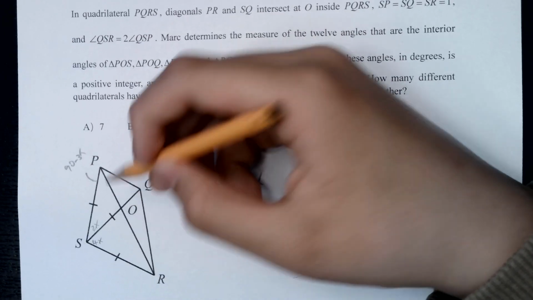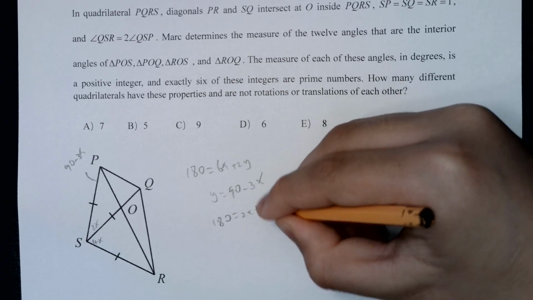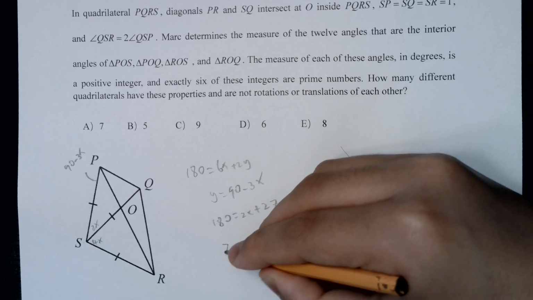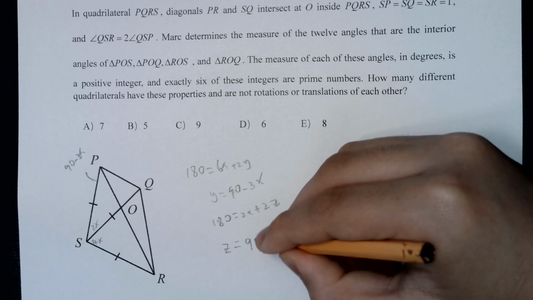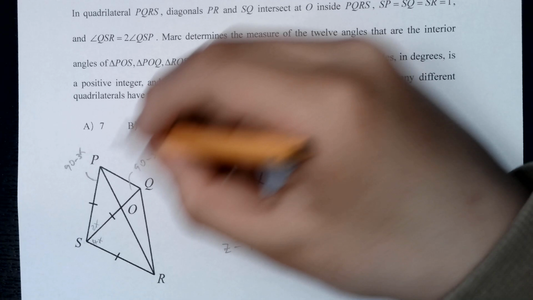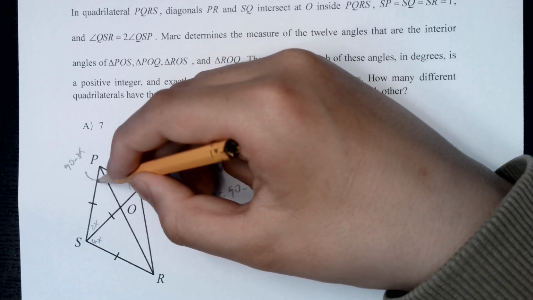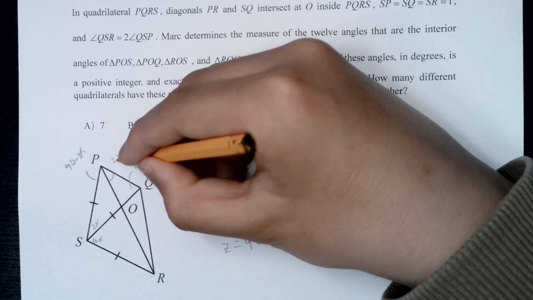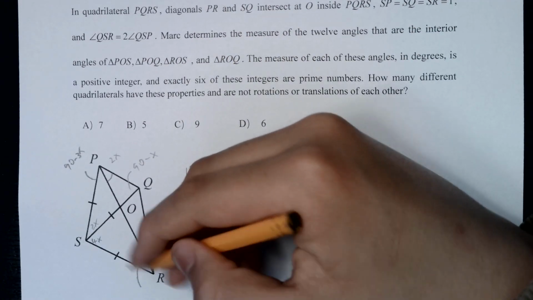This means that 180 is equal to 2x plus, we'll put another variable here, 2z, and this means that z is going to have to be equal to 90 minus x. So in total, this big angle here is 90 minus x, but this smaller angle here is 90 minus 3x, which in this part here is going to be 2x. And also write 90 minus 3x down here as well.